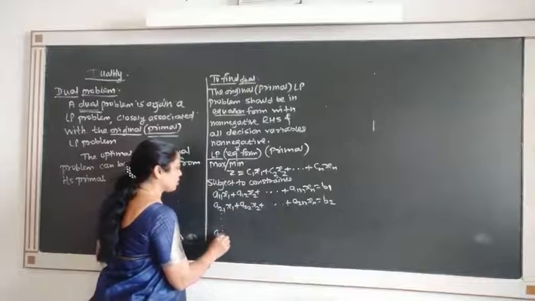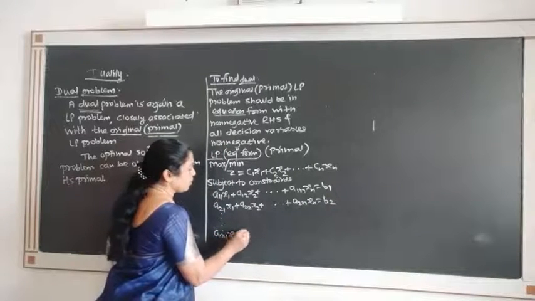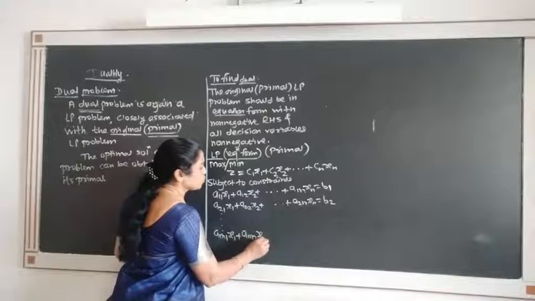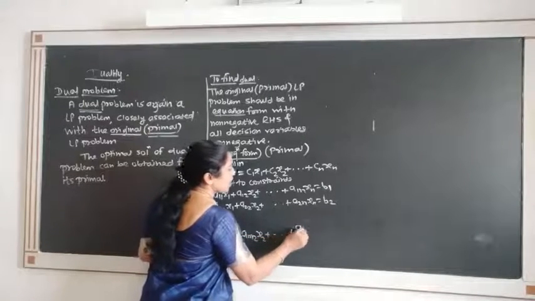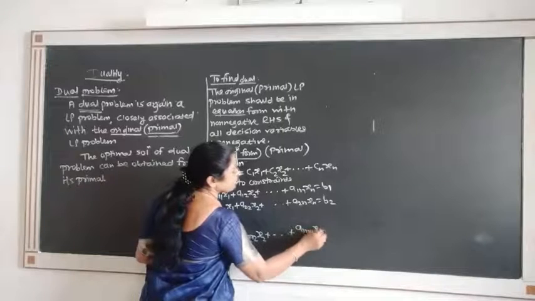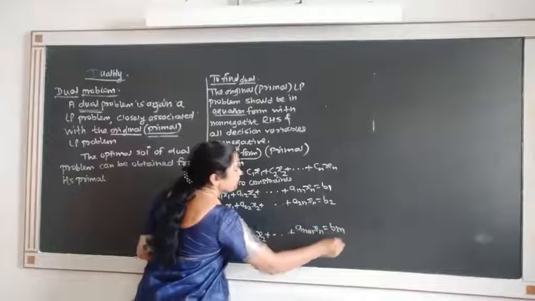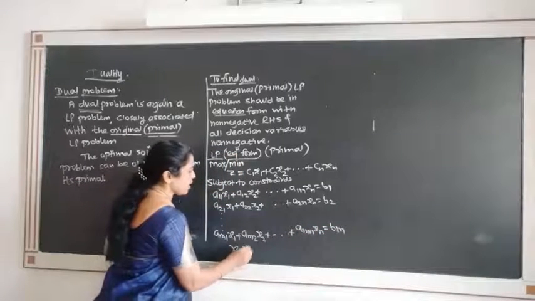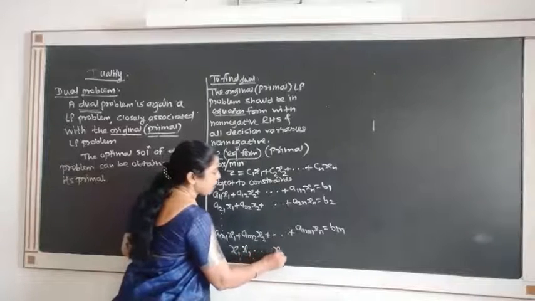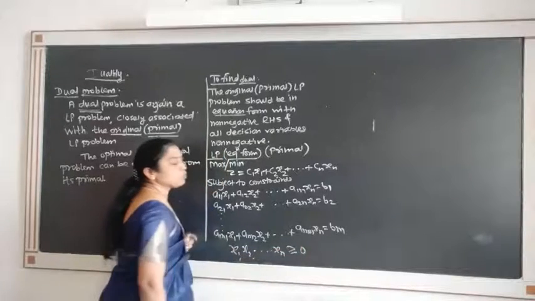The last constraint am1x1 + am2x2 + ... + amnxn = bm, with all variables x1, x2, ..., xn greater than or equal to 0.